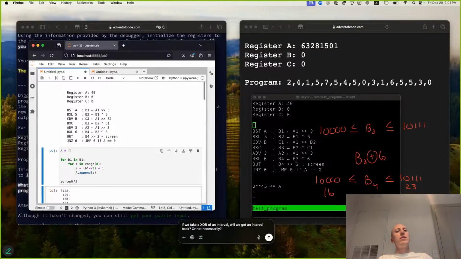But whatever, we're reasoning on intervals. Do I really care for this case? Because if we start XORing with C, we might not still have an interval, if we start XORing with non-zero values of C which are greater than 3 bits in length. It depends on what these values are.